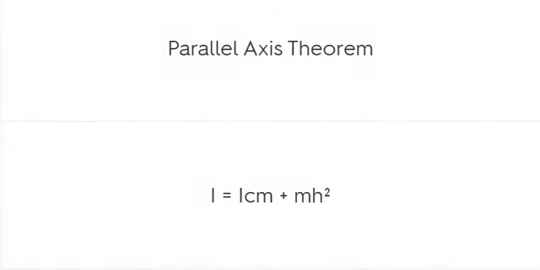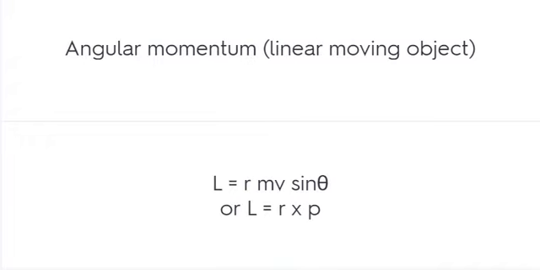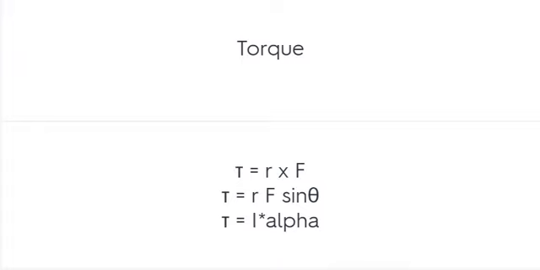Parallel axis theorem: I equals I_CM plus Mh^2. Angular momentum: L equals I omega. Angular momentum: L equals r m v sin theta, or L equals r cross p. Torque: tau equals r cross F equals rF sin theta equals I alpha.